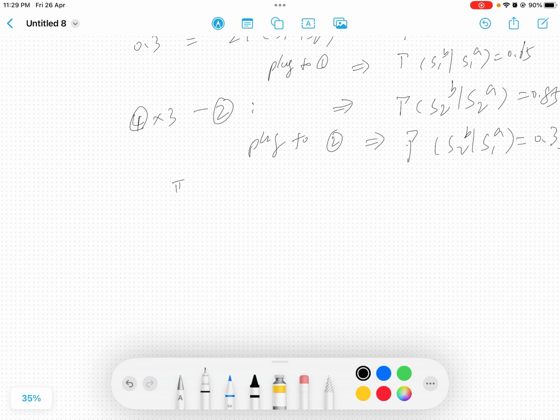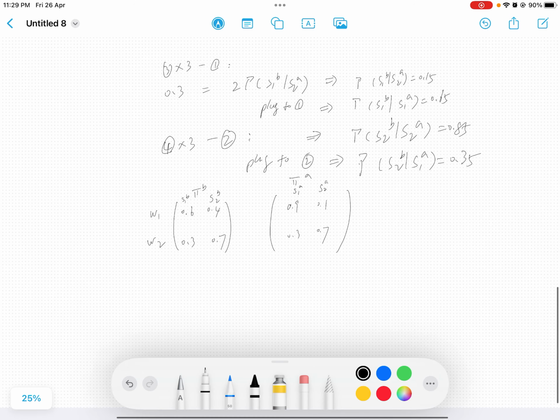Okay, so pi b is 0.6, 0.4, 0.3, and 0.7. Okay, so this is omega 1, omega 2, and this is S1b, S2b, right? So for the pi a, this is S1a, S2a. Okay, so this is simply 0.9, 0.1, 0.3, 0.7.